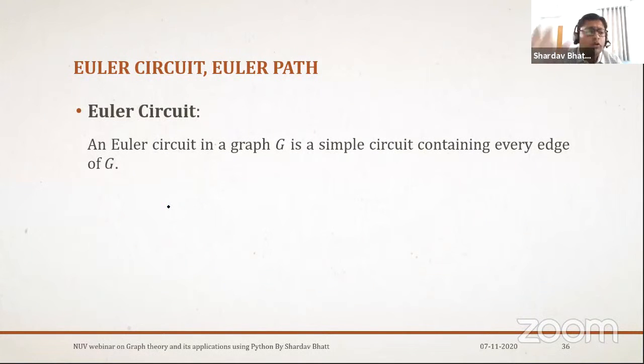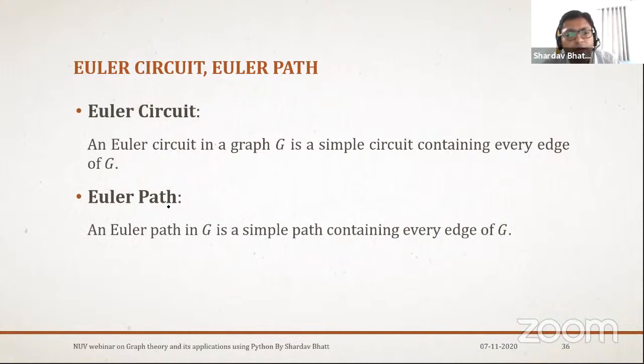It's about covering all the edges of the graph. That is called an Euler circuit. So it is one type of circuit only, and same thing for path also. If you start from a particular vertex, travel all the edges exactly once and come back to that vertex, then that is called an Euler circuit. And if you start from a particular point, cover all the edges of the graph and reach some other particular point, that is called an Euler path.